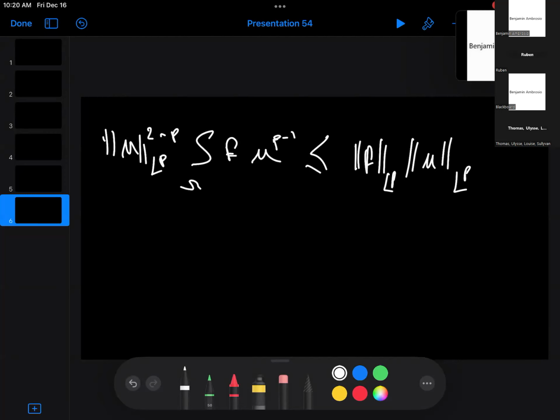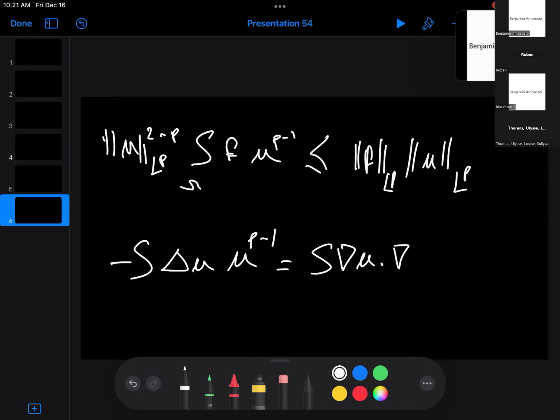All right, so the last term that I need to consider is minus Laplacian U times U^(P minus 1). If I do that, I apply the Green inequality. So this is the integral of grad U times grad of U^(P minus 1).